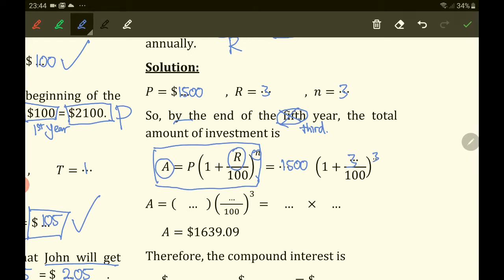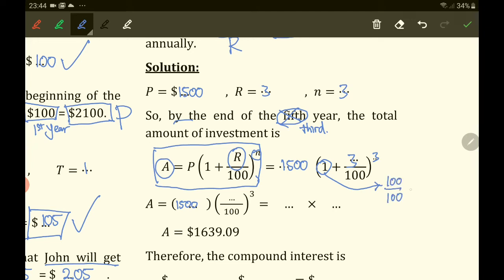So we calculate it here, this is still 1,500. And then this one, 1 plus 3 over 100. So what is that? We can change the 1 here to 100 out of 100, right?